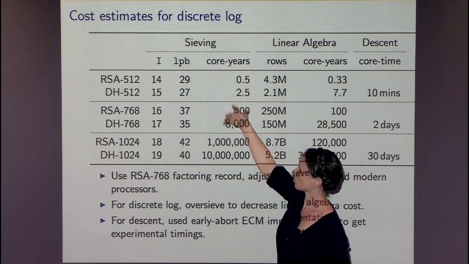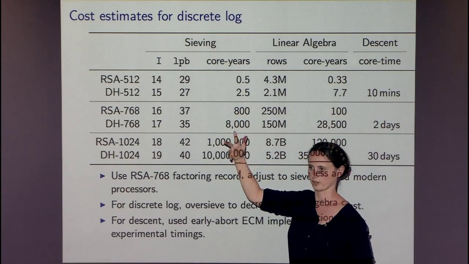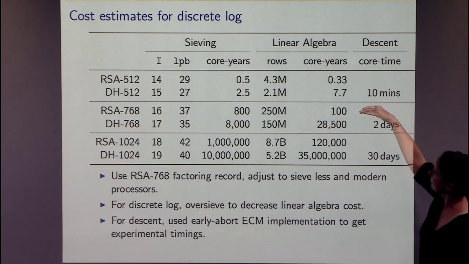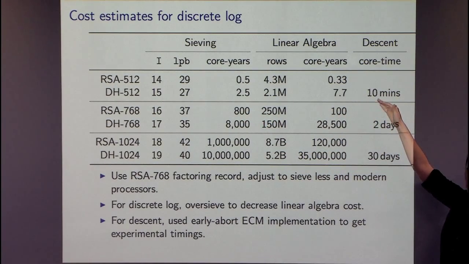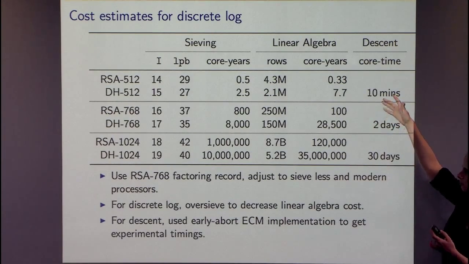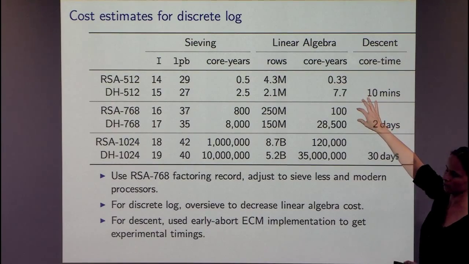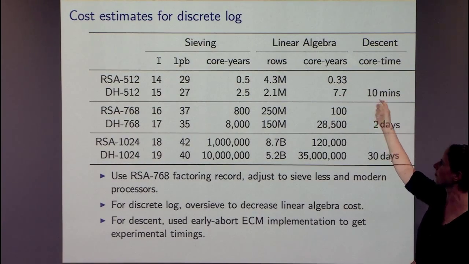They did a lot more sieving than they needed to in order to make the linear algebra easier, and we backed off a little from that. This is an estimate of what it would cost using modern hardware, normal CPUs, to do 768-bit factorization if somebody were to repeat that result now.